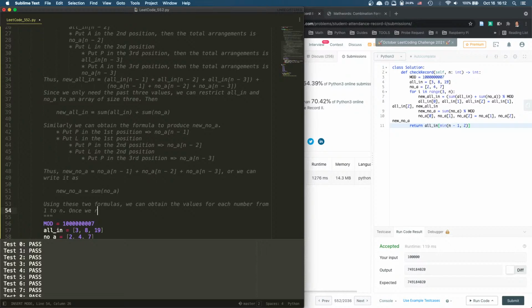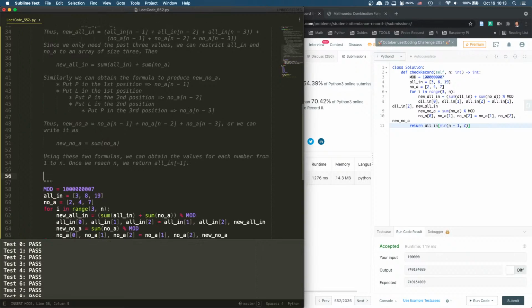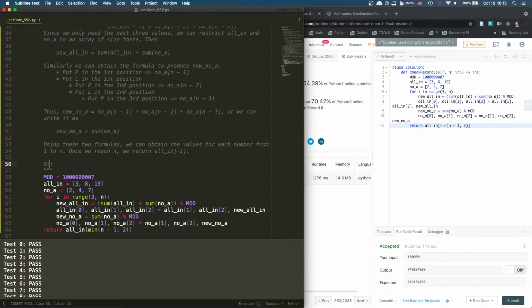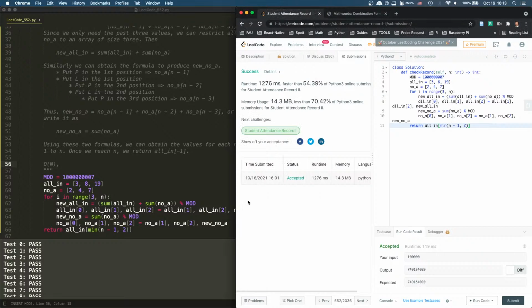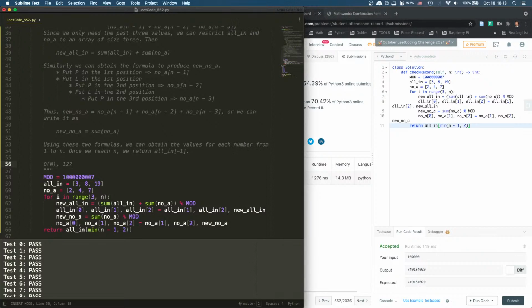And once we reach n, we return all in minus 1. So runtime is O(n), and that costs us 12.76 milliseconds, or a 54% ranking.